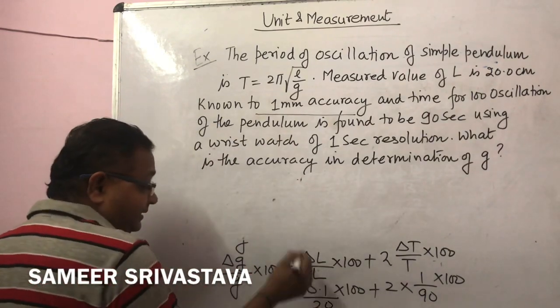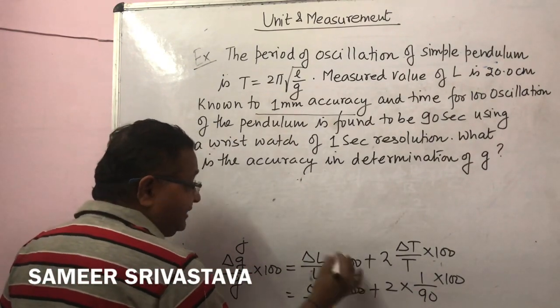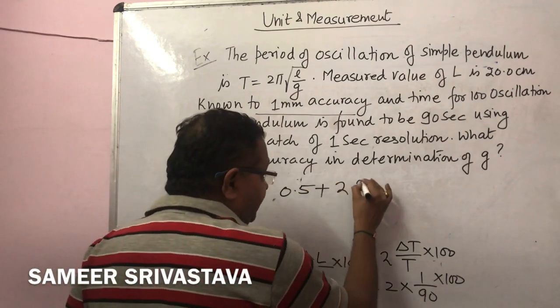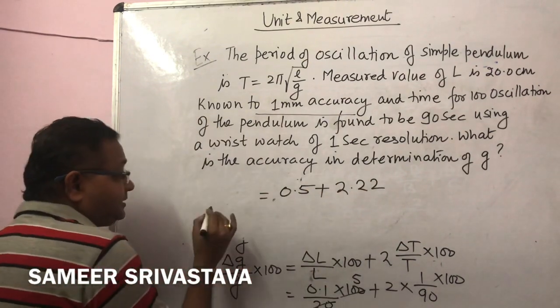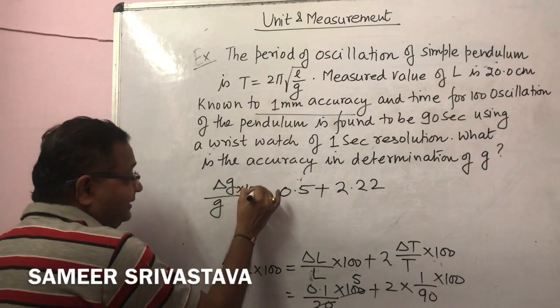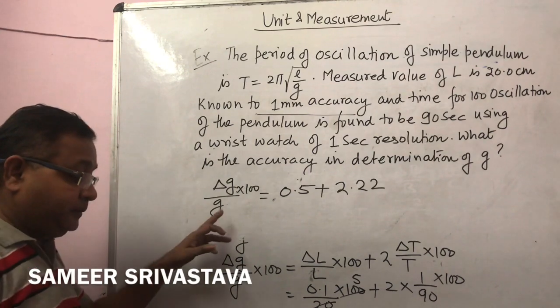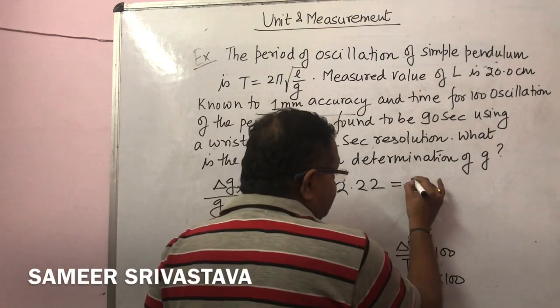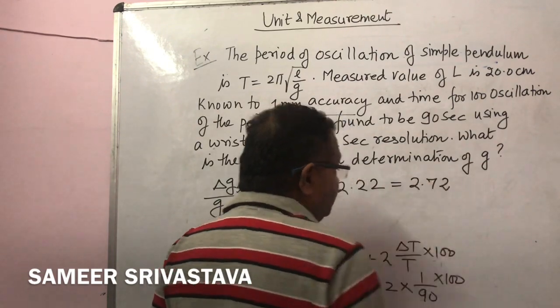After calculation, here we get 0.5 plus, solving this, 2.22. So this is delta g upon g into 100, or we can write it as a percentage. The final answer is 2.72%.